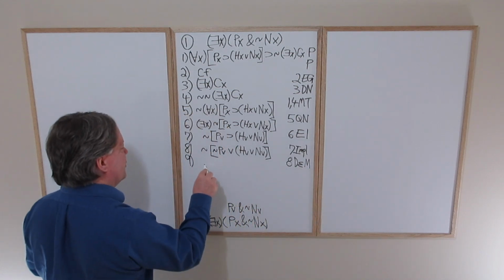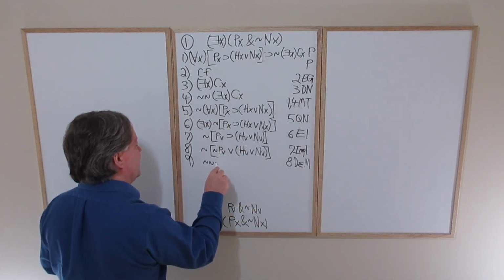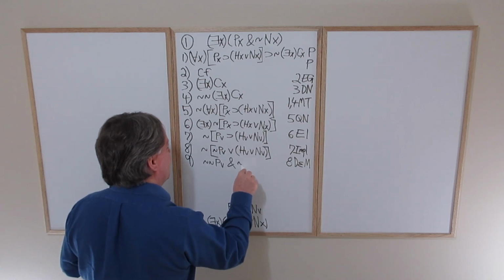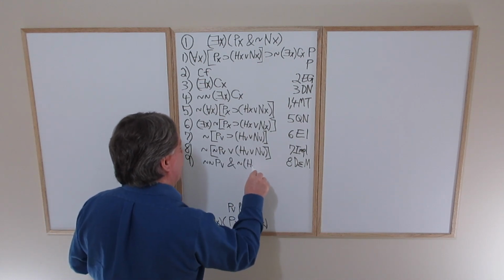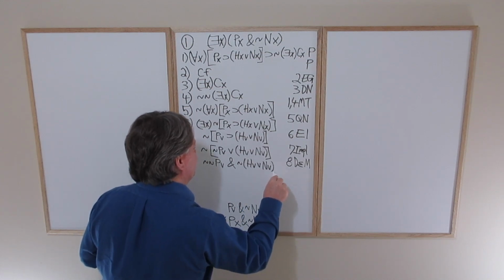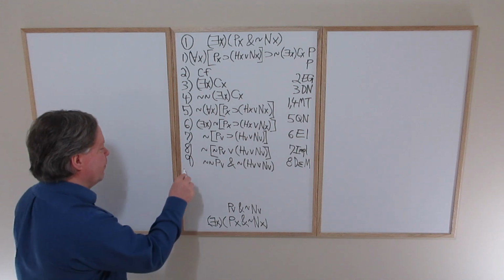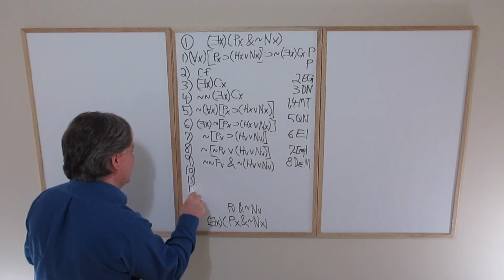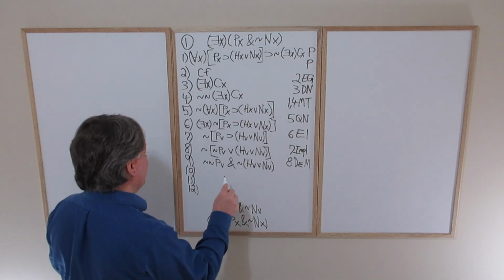De Morgan's will give us tilde tilde PV and tilde HV or NV. Now we're going to have a number of fairly simple little steps.